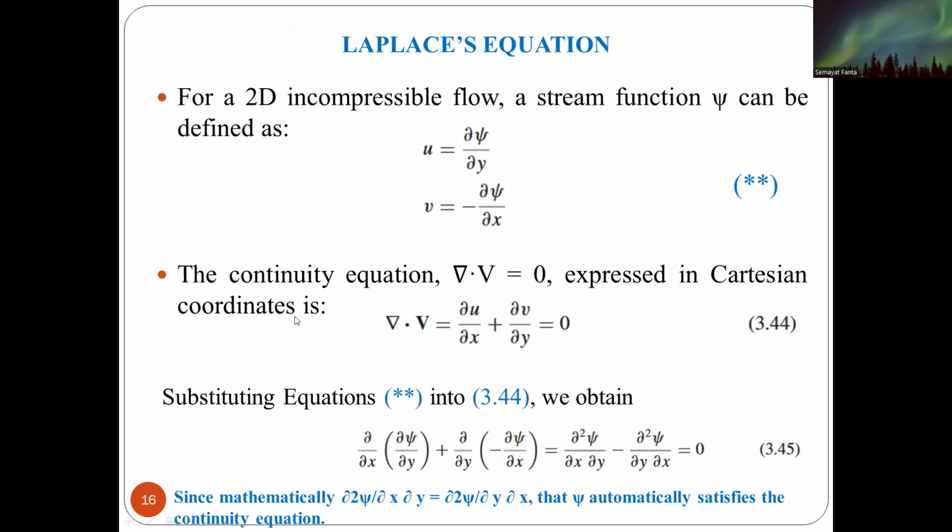The continuity equation, the divergence of velocity equal to 0, is expressed in Cartesian coordinates as du over dx plus dv over dy, which equals 0. That is the continuity form. Substituting the stream function definitions into equation 344, you can clearly see this gives us 0.